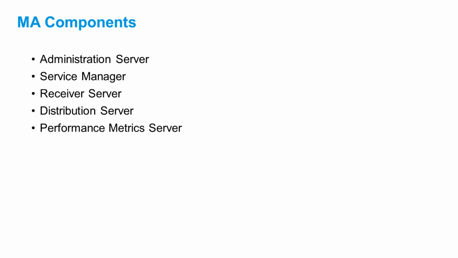All the tasks are done under the administration server. The service manager is the watchdog for all the services. The collector process of classic architecture has been replaced with the receiver server in microservices. The data pump of classic has been replaced with the distribution server in microservices. And then from 12.3 onwards, Oracle also introduced the performance metrics server.